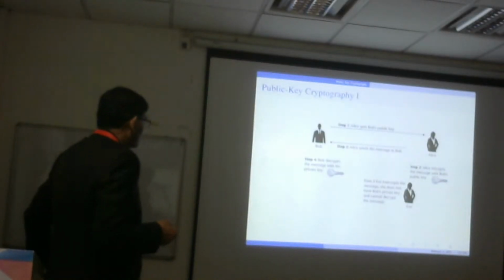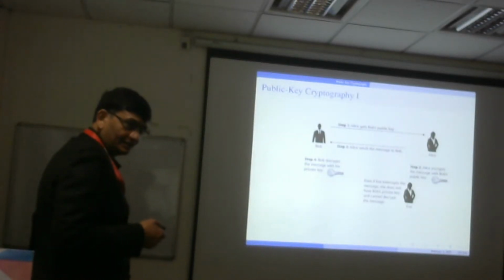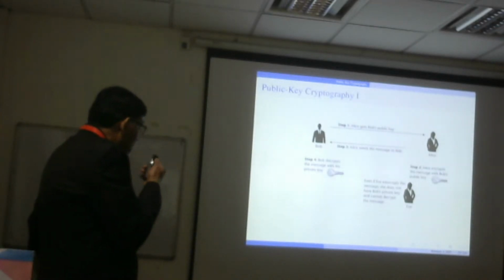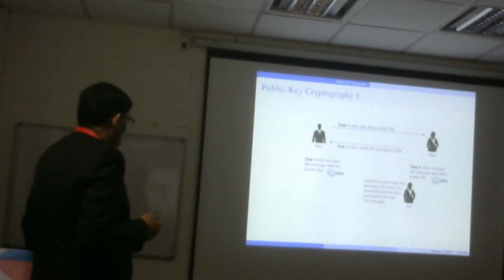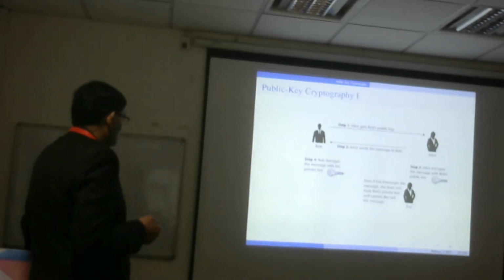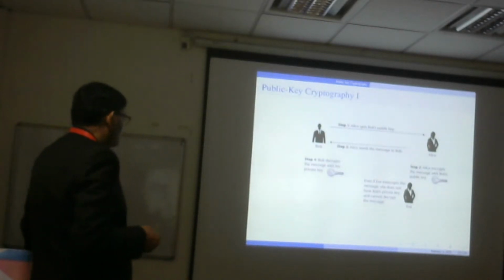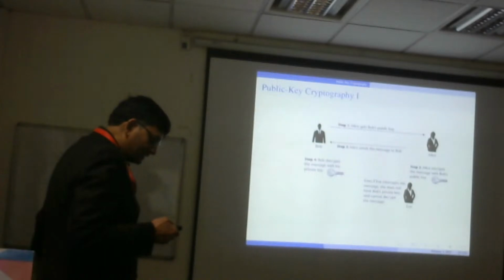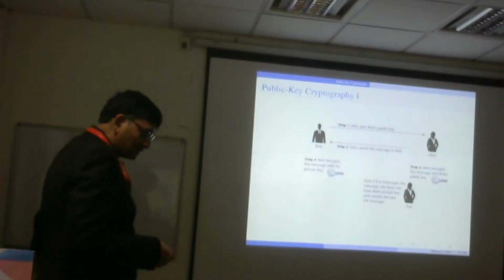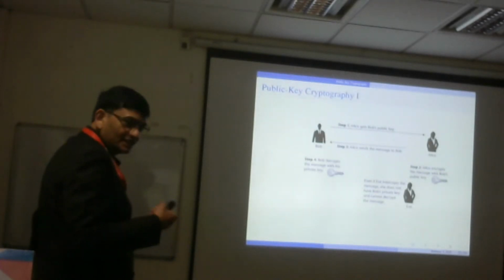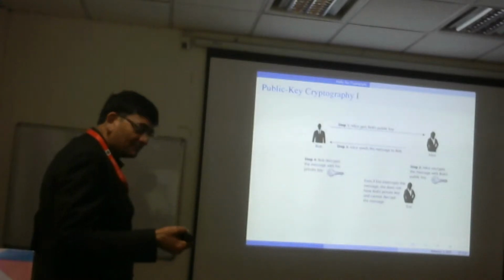So you know the concept, how this works. Suppose you want to exchange your key, so you can use public key cryptography. If you want to encrypt a message, you have to use the receiver's public key to encrypt the message, and the receiver can decrypt it with his secret key.